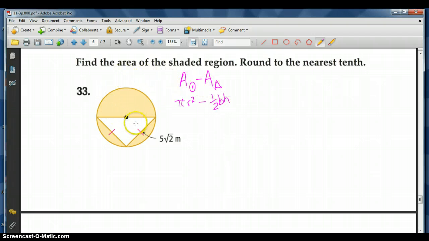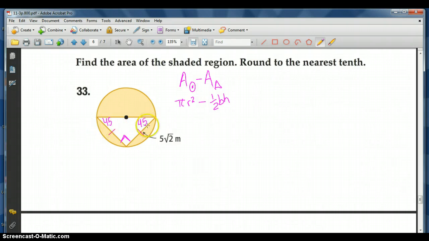So our radius of the circle, notice that we have the diameter here, which forces this angle to be 90 degrees, and it's isosceles. So that makes each angle 45 degrees.